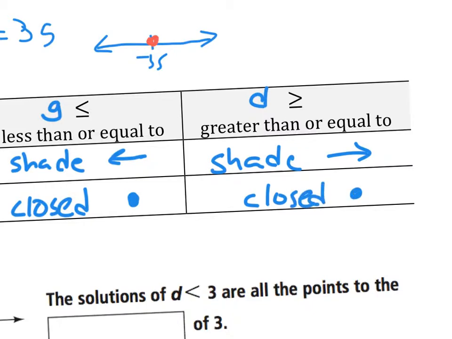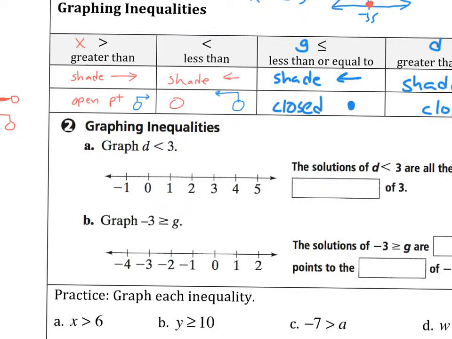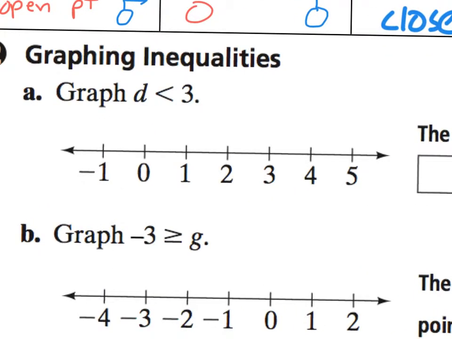All right, so let's look at number 2. This one says D is less than 3. So I go to the 3. It does not include 3, so it's going to be an open point at 3. Now your book, because it has the ability to have thicker lines, is going to do something like this. However, it's difficult for us to do that with our pencils because they don't get fatter.